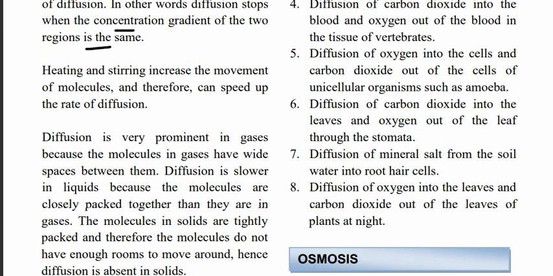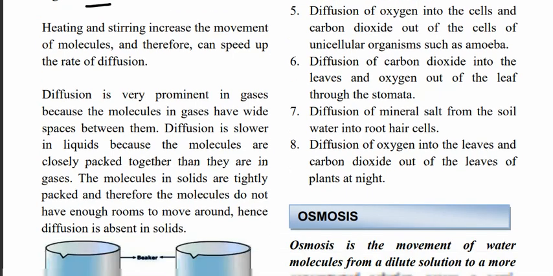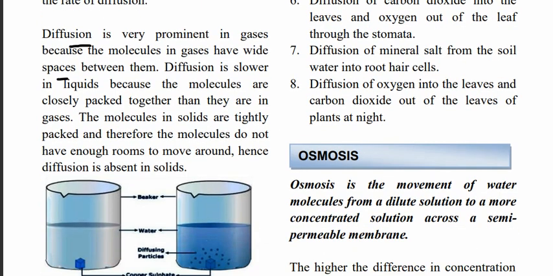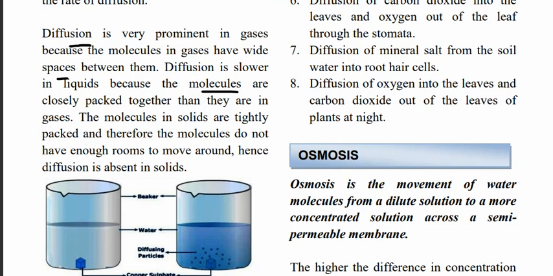Heating and stirring increases the movement of molecules and therefore can speed up the rate of diffusion. So this is one of the factors that affect diffusion. Diffusion is very prominent in gases because the molecules in gases have wide spaces between them. Diffusion is slower in liquids because the molecules are more closely packed together than they are in gases.